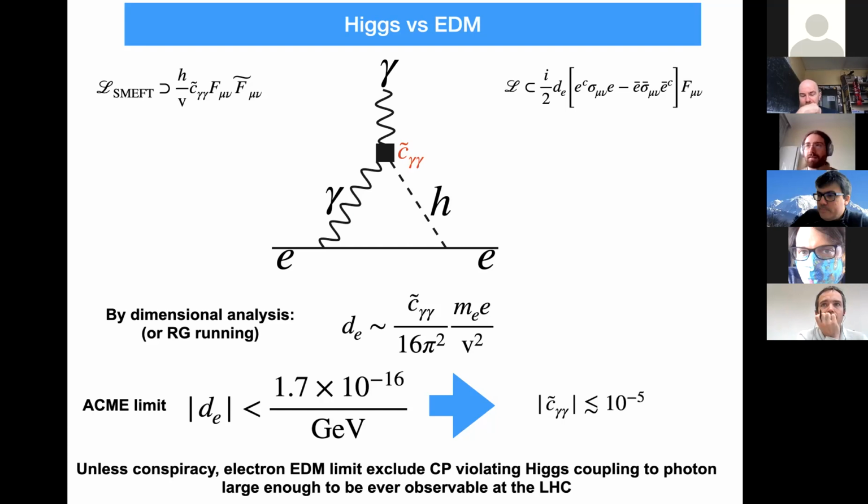So maybe two parts of the question would be, do we find ourselves fundamentally limited in the end by calculations of matrix elements and so forth in particular systems? I mean, even for the neutron, we have the Weinberg operator and so forth with huge uncertainties.